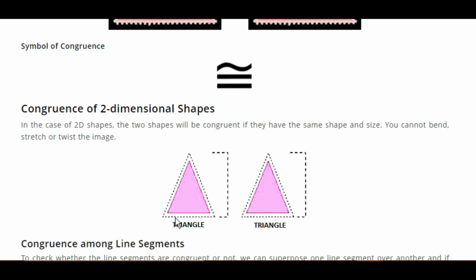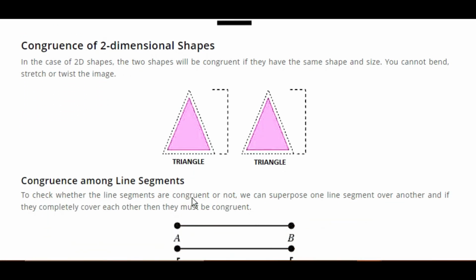The bottom of the triangle should be equal, and the altitude. Second, all three sides should be equal. Or their two angles and one side should be equal. Like this we can make triangles congruent. We will study about it later.